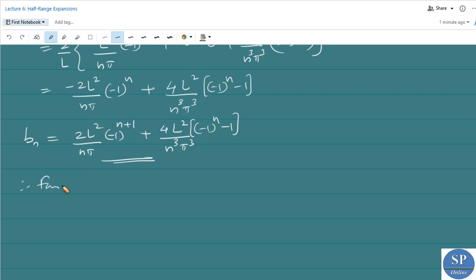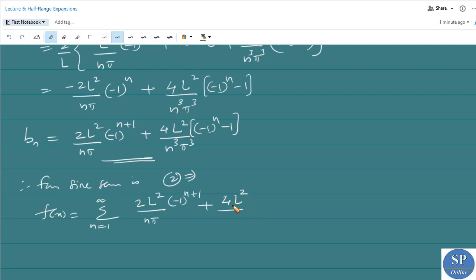Therefore, the Fourier sine series, from equation number 2, is f of x equal to summation n from 1 to infinity of [2L square by n pi into (-1)^(n+1) plus 4L square by n cube pi cube into ((-1)^n - 1)] into sin n pi x by L. So this is the required Fourier sine series.